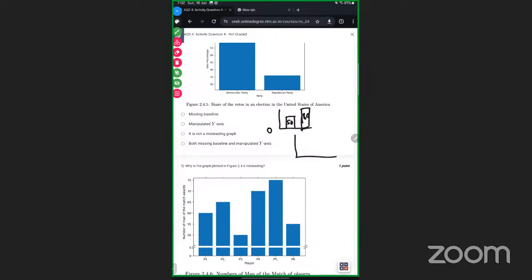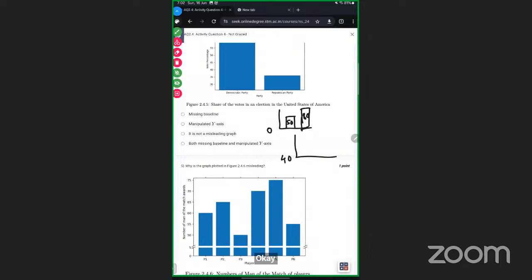The second condition is only 80, and I'm doing 1000. So, sir, does this mean manipulation of the y-axis? So we can do manipulation of the y-axis in a lot of cases. Yes.